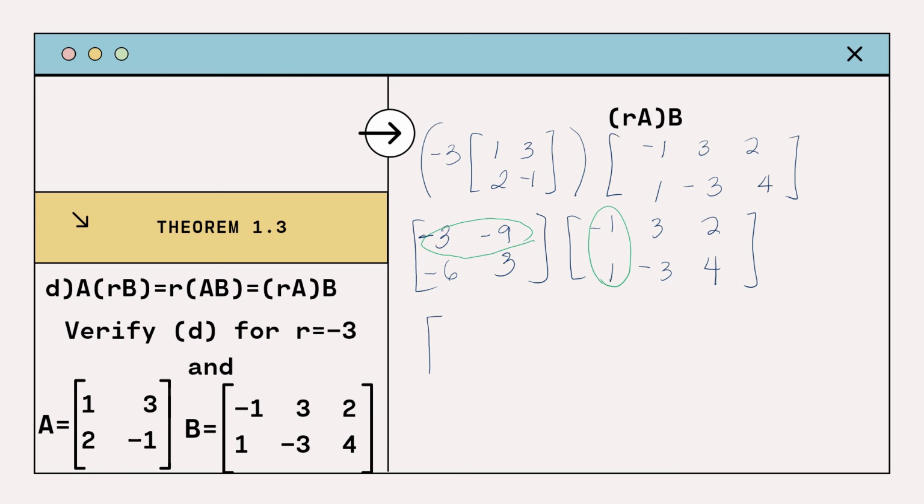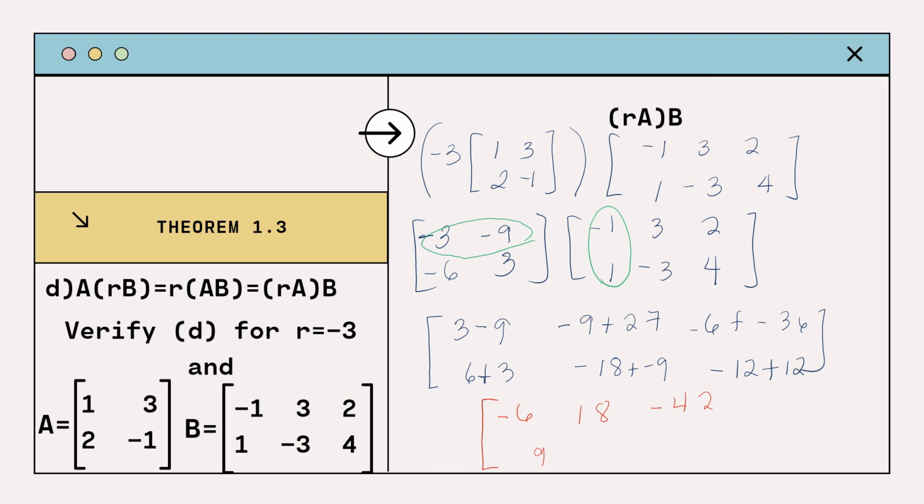We will have 3 minus 9, negative 9 plus 27, negative 6 plus negative 36, 6 plus 3, negative 18 plus negative 9, negative 12 plus 12. 3 minus 9 is negative 6, 18, negative 42, 9, negative 27, and 0.